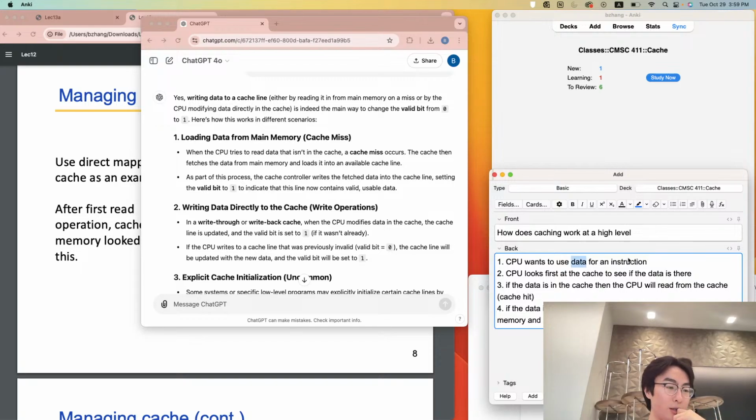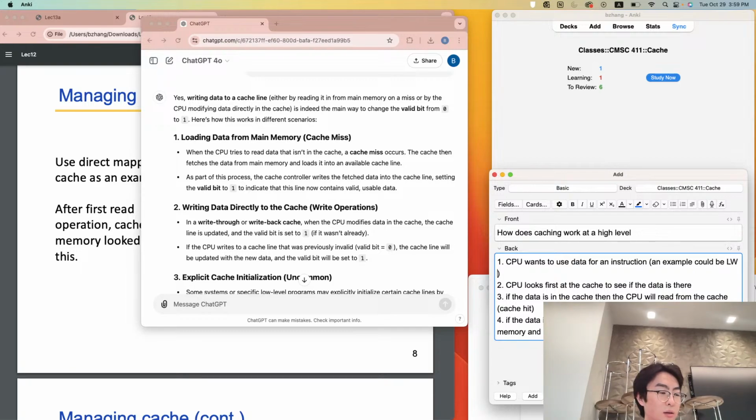I think my question is, what are you storing in memory? Remember in assembly you have the load word and store word. So I think an example could be the load word LW instruction.